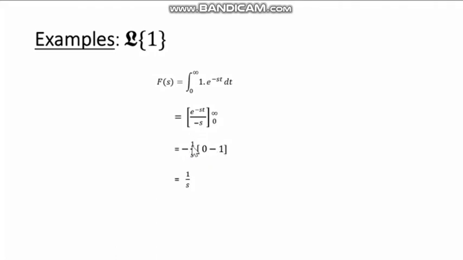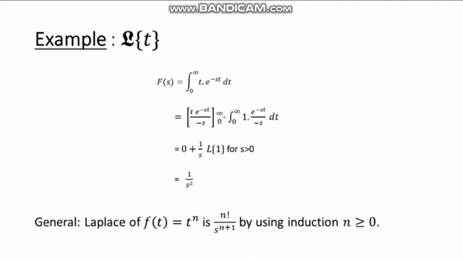So it will be minus 1 by s into 0 minus 1, which is 1 by s. So it's very simple to evaluate the Laplace transform of constant functions. Even if it is a here, it will be just a into e raised to minus st, and a will come out. So it will be a by s when you apply the Laplace transform.